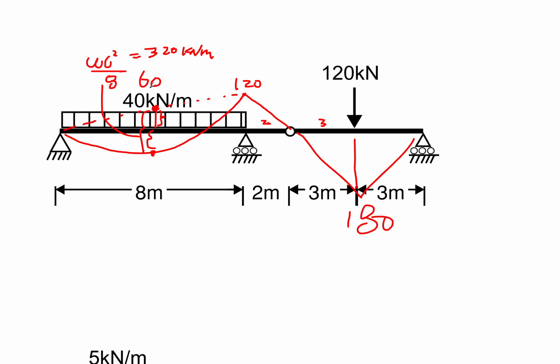You minus 60, because 60 is on top of it and you only need the portion below the line. So 320 minus 60 gives you 260. So 260, 120, 180, that is your bending moment diagram. All right.